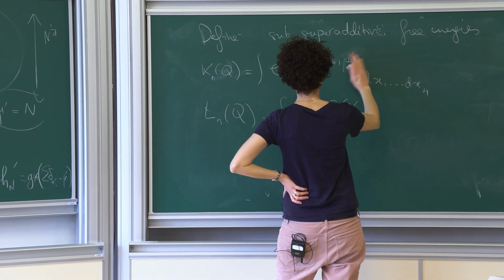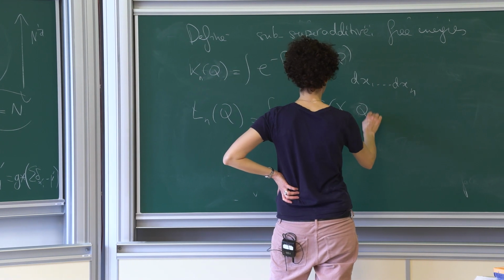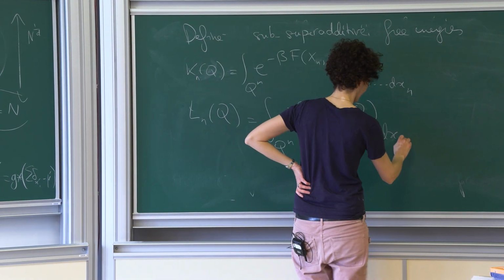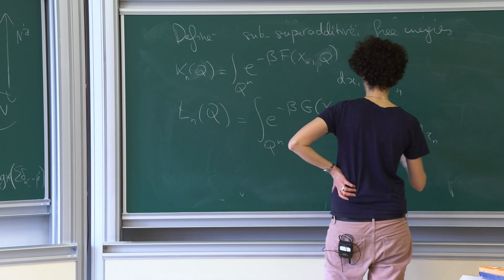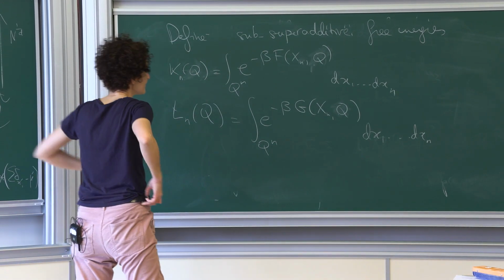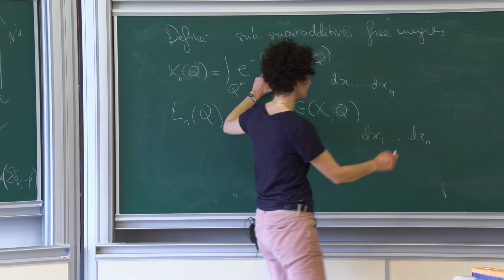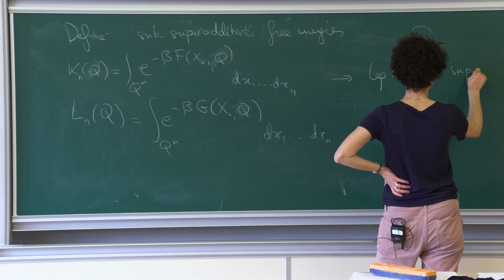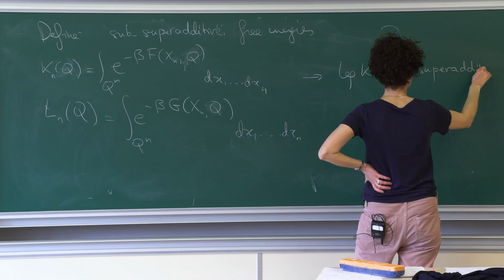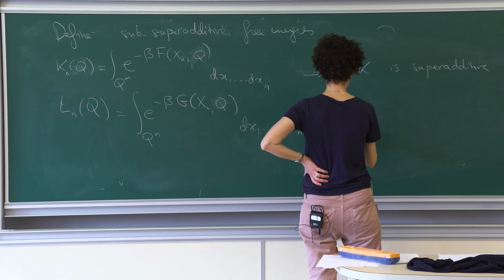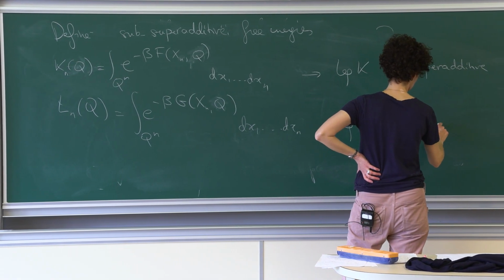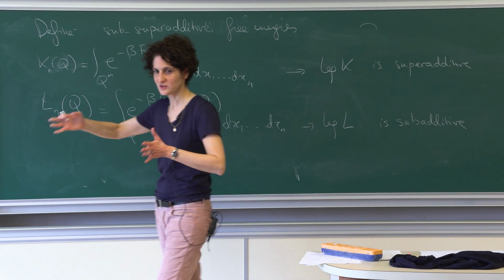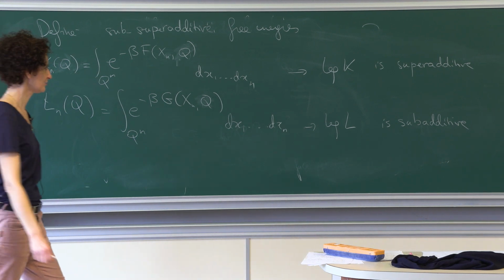So here I want to put Q, I guess, if I want to respect my notation. Okay, so since F is subadditive, K is going to be superadditive. So actually log K is superadditive. And here log L is subadditive by obvious integration and separation of variables, etc.